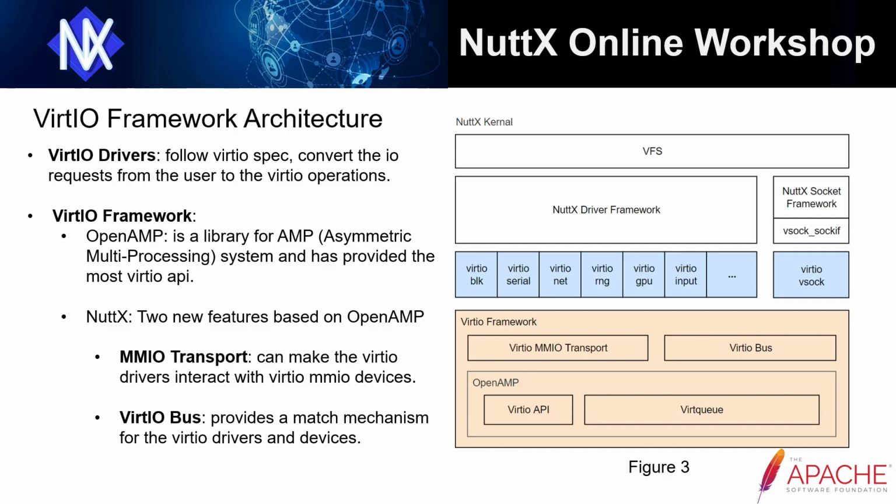The first feature is the MMIO transport support. The MMIO transport can make the VirtIO drivers interact with the VirtIO MMIO devices. And the second feature is the VirtIO bus. The bus provides a match mechanism for the VirtIO drivers and devices, just like the Linux bus mechanism.